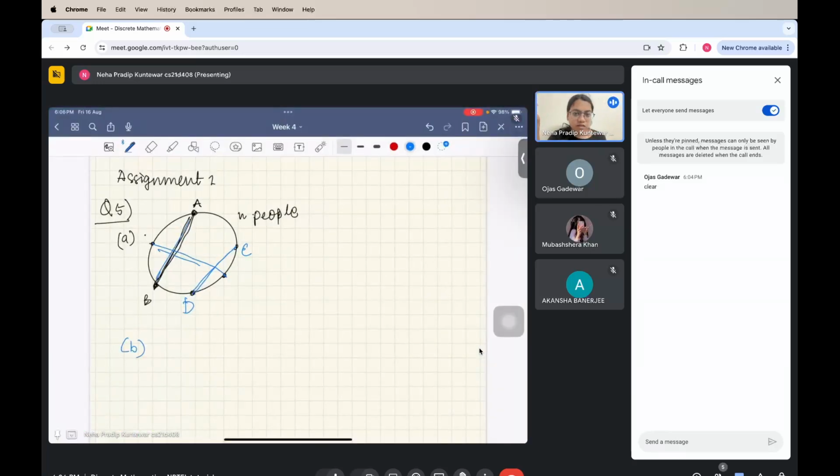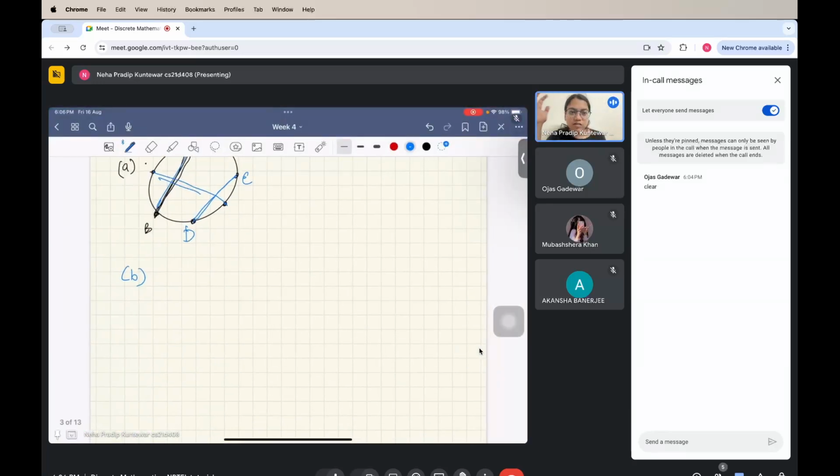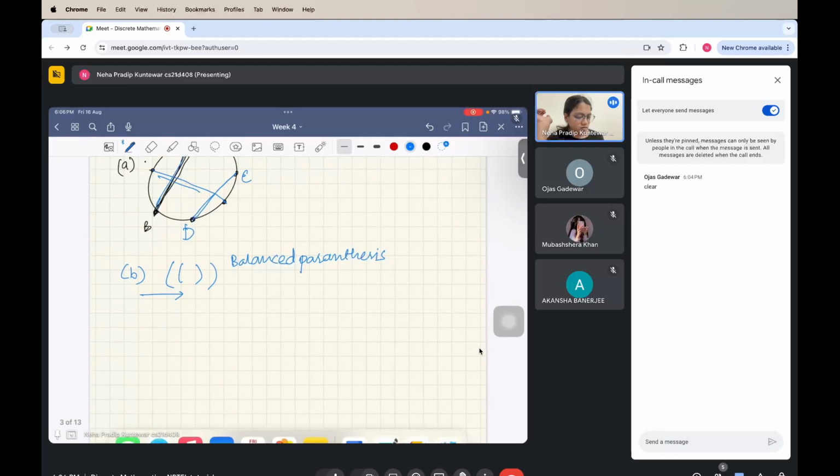The second question is the number of ways in which you can write the balanced parentheses. So what do we mean by that? At any point the number of opening brackets that you see is at least as many as the number of closing brackets that you see. So these are your balanced parentheses. And C is that you have some x many black balls, then you have some red balls, and you want to pick 4 red balls out of it.